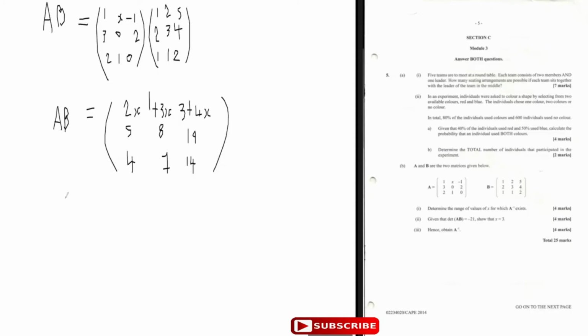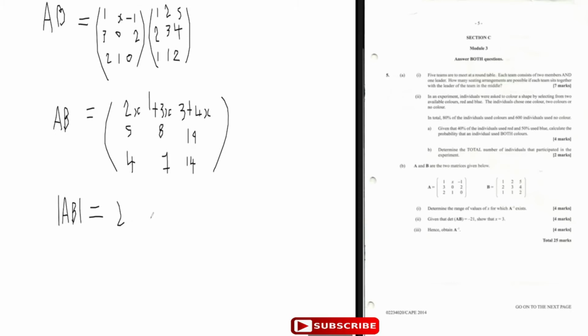All right, and so the determinant of AB is now, we're going to be using column 1. I like to use column 1.